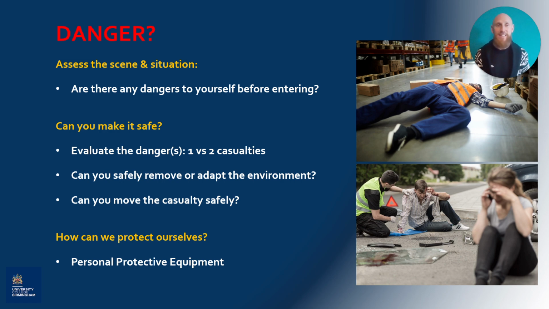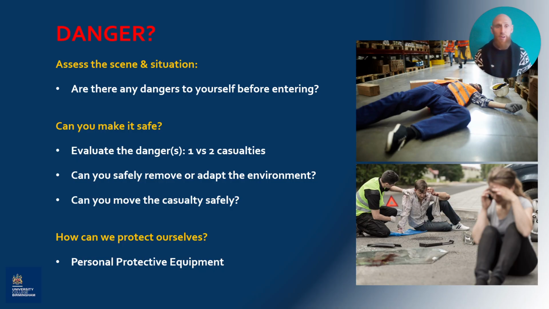Are there any dangers, any potential risk factors that might endanger yourself and might be endangering that individual? The worst thing that can happen is that you have one casualty, you approach the scene, and then something happens like an electric shock, or something falls on you, and then we've got 2 casualties and no one can help.